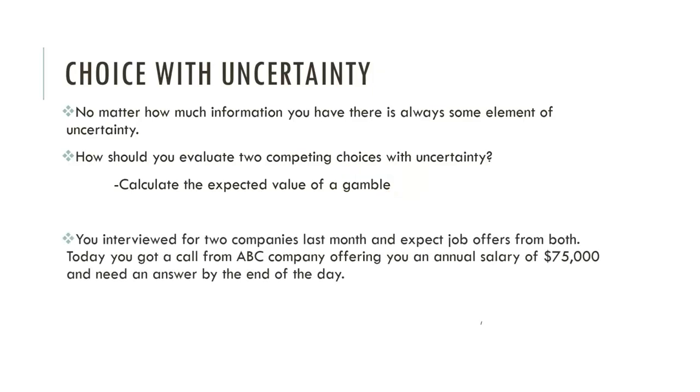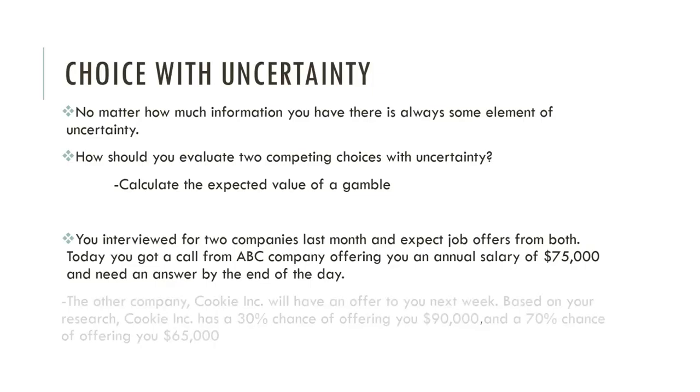Okay, so let's say you interviewed for two companies last month and expect job offers from both. Today, you got a call from ABC Company. They've offered you an annual salary of $75,000 per year, but they do need an answer by the end of the day.